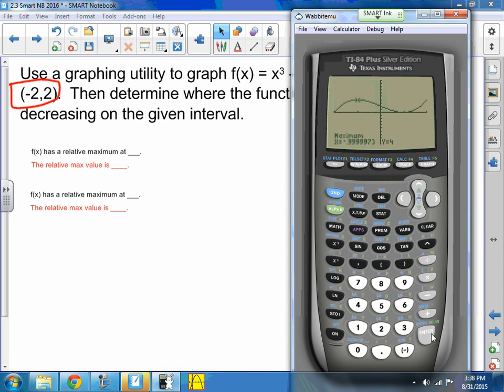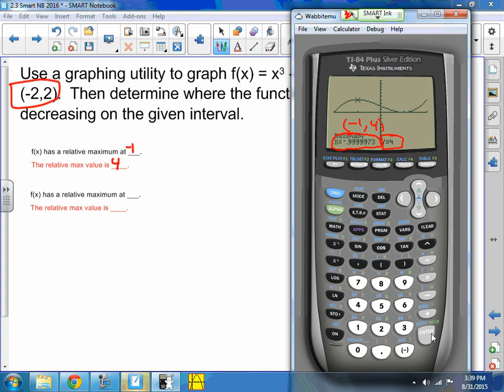According to the calculator, the maximum happens at x equals -0.999973, y equals 4. In other words, that's -1, 4. So it looks to me like the relative max is at x equals -1. That was my original thought. Now, the relative max value of the function is 4.